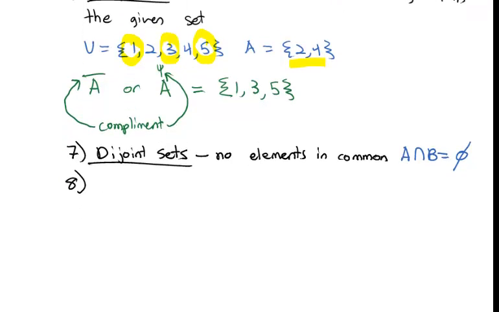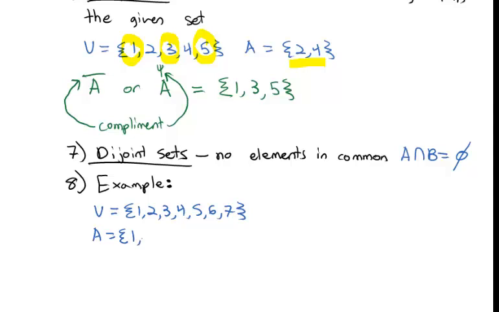So all this notational stuff, let me give you a brief example of what you might be asked to find. I'm just going to do one of these. Let's say the universal set for this example is equal to the numbers 1 through 7. 1, 2, 3, 4, 5, 6, 7. And the set A is equal to 1, 3, 5.